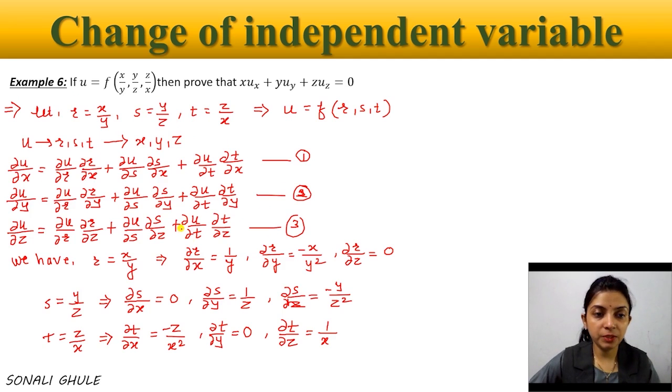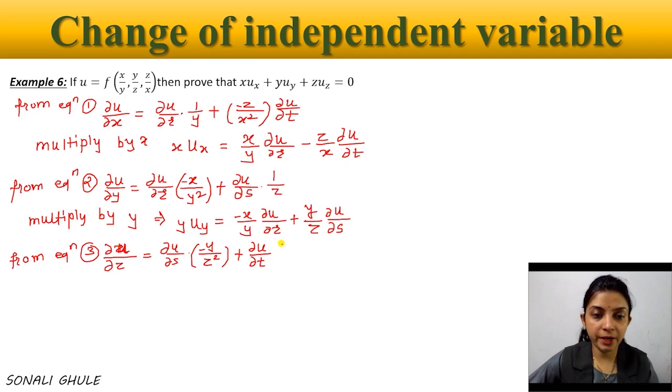See here, u with respect to t and t with respect to z. What is t with respect to z? It is 1 upon x. So I can write here 1 upon x. Okay. But now here, this u with respect to z is multiplied by z. So we have to multiply this by z, right?